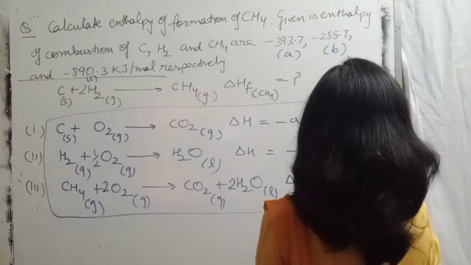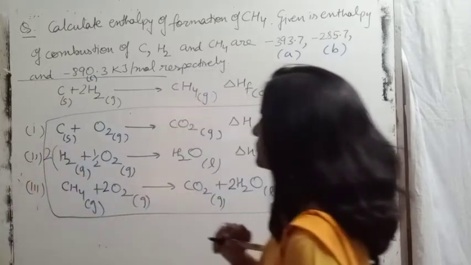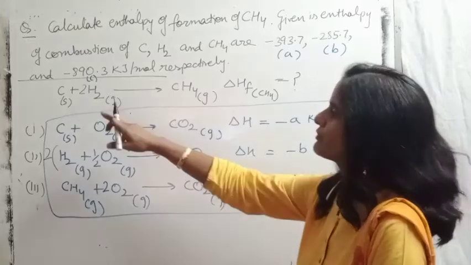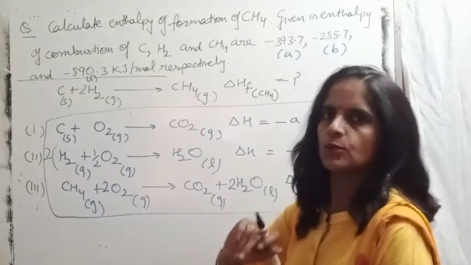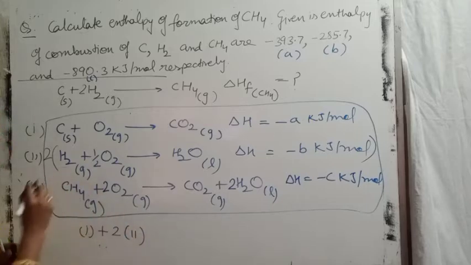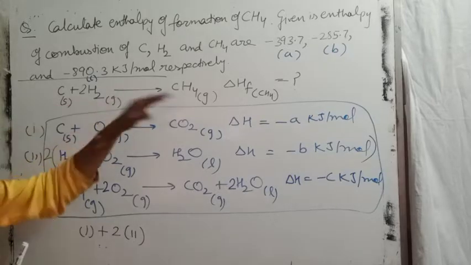Then we add first and second. It will give us the value of C plus 2H2. So the first statement is equation 1 plus twice of equation 2. If we do this much, we will get the value of the reactants. Now check the product side.